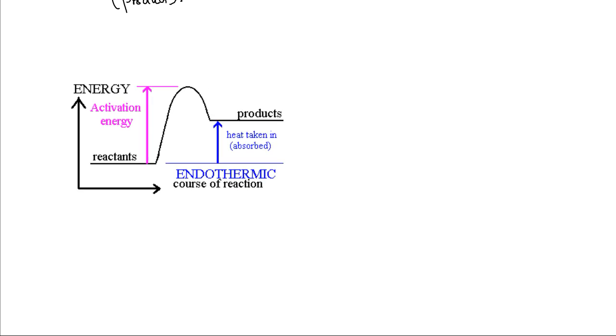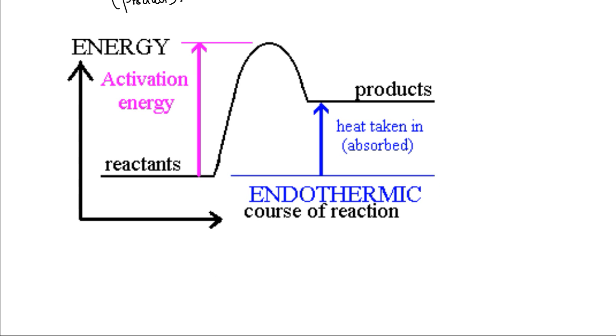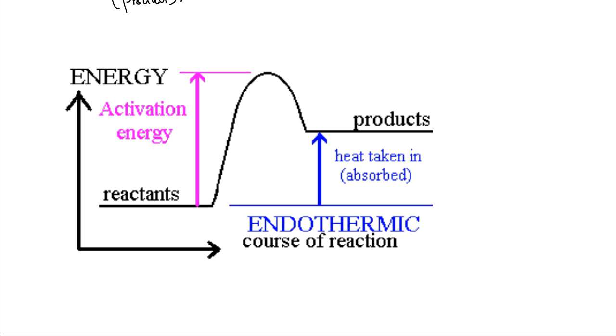So, the surrounding must have a lower temperature compared to the reacting vessel where the substances are reacting. So this is how the endothermic energy level diagram will look like.